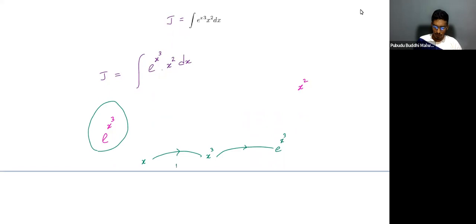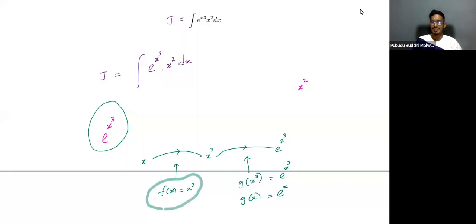So f of x is x to the power of 3. Then g of f of x is exponential x to the power of 3, but g of x is exponential x. Because that entire thing, we take as our input. Hence, clearly, this is the inner function.